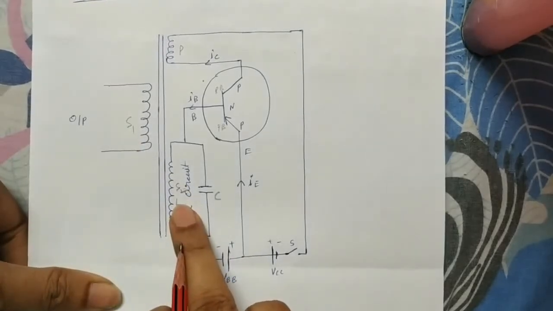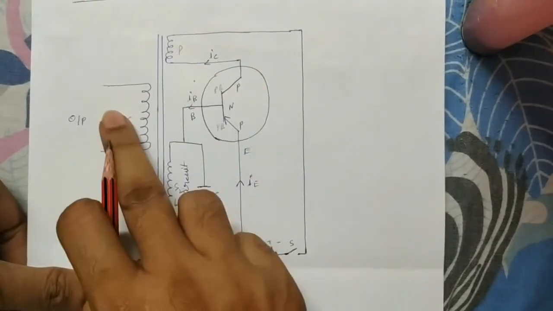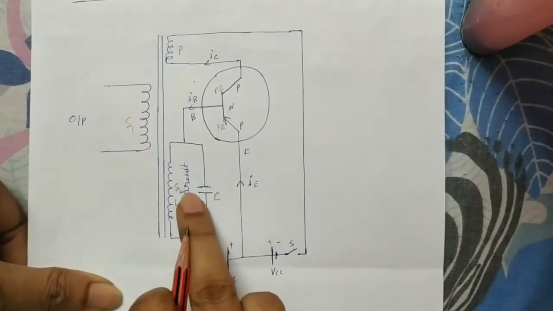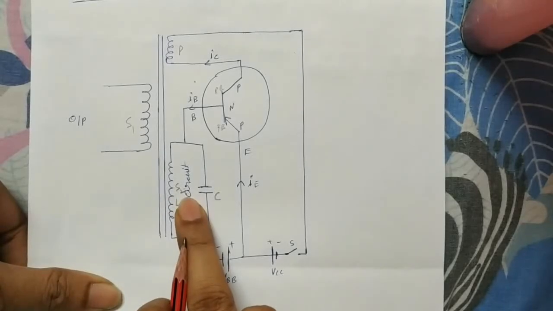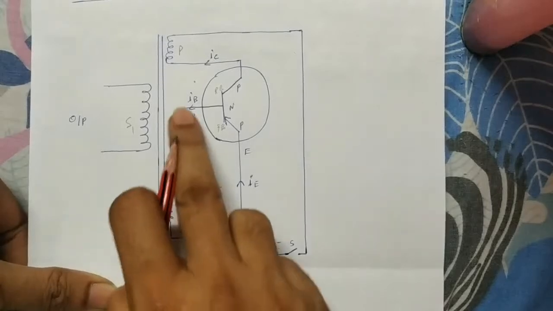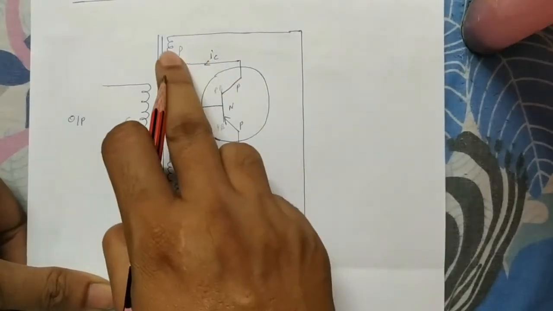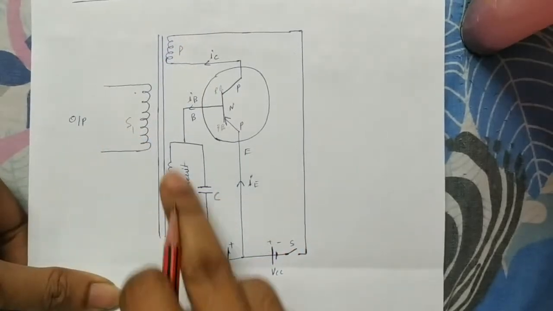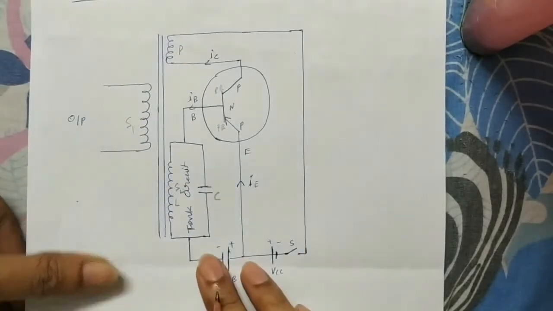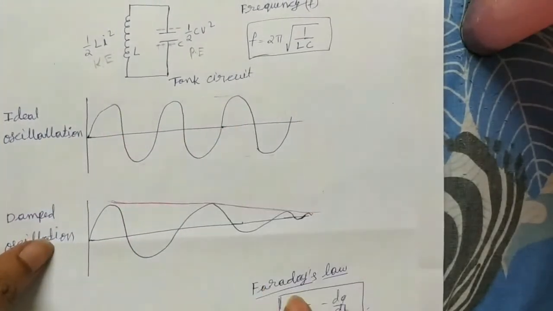That means from the input we get the output, and simultaneously we also get feedback, because some additional current is created here. That is again fed to the transistor, goes to the input, and again creates the same effect. Using this process, it can rebuild the wave, instead of a damped oscillation.